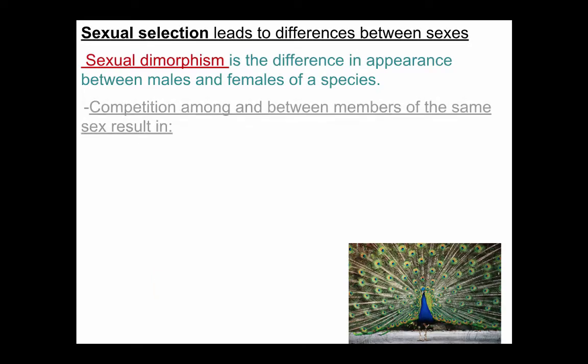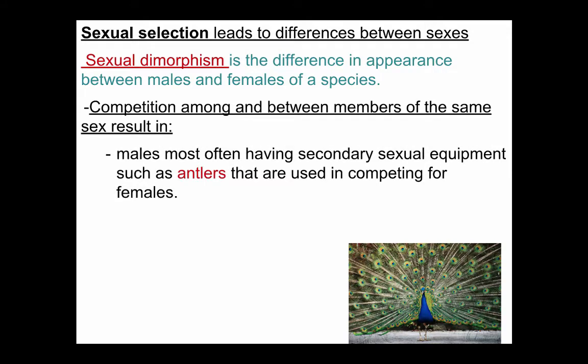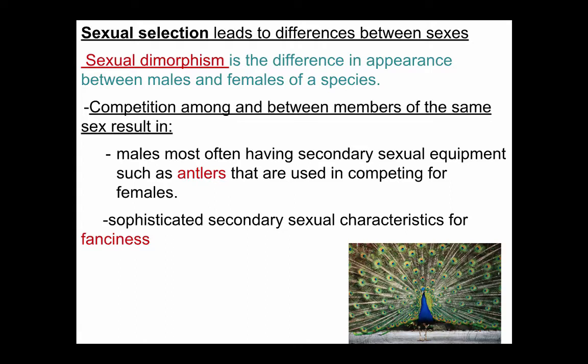Now, the last thing to mention here is that sexual selection really does lead to differences between the sexes. That sexual dimorphism, as we mentioned, is a difference in appearance between males and females within the same species. That can lead to competition between and among the members of the same sex.